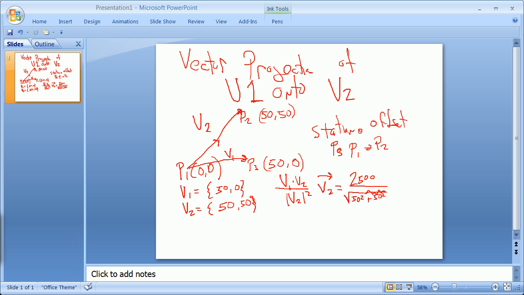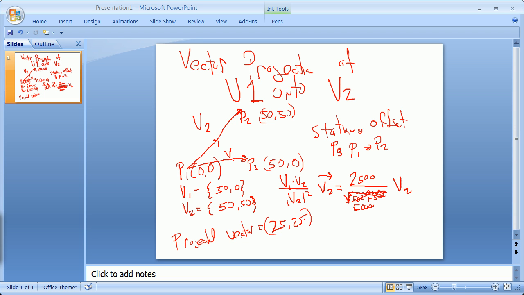And when we square the square root, we get rid of that, and we have, in fact, 2,500 over 5,000 times vector 2, or 1/2 of vector 2, and so that projected vector is equal to 1/2 times 50, 50, or 25, 25.